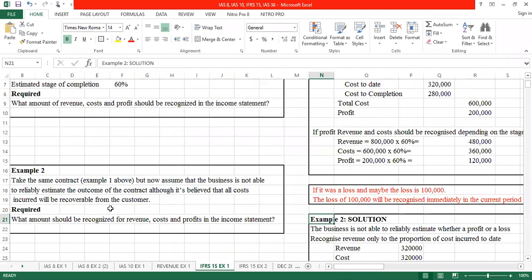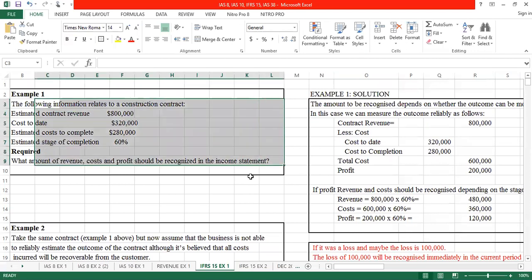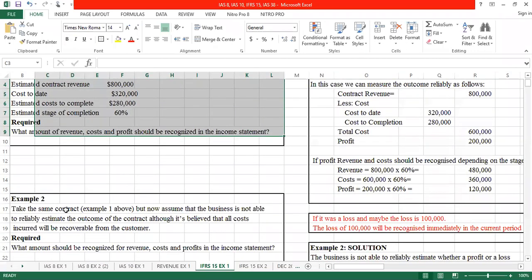Example 2. Now in example 2, it is still example 1, but what are we being told? Take the same contract, this contract 1, but now assume that the business is not able to reliably estimate the outcome. If the business is not in a position to reliably estimate the outcome, what do you recognize?